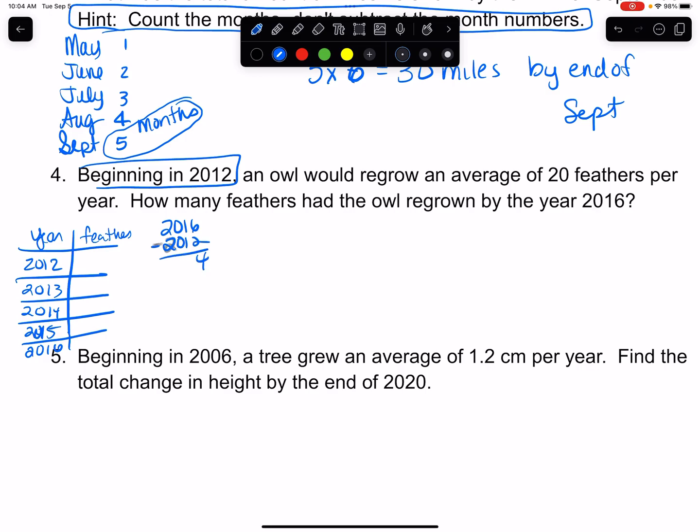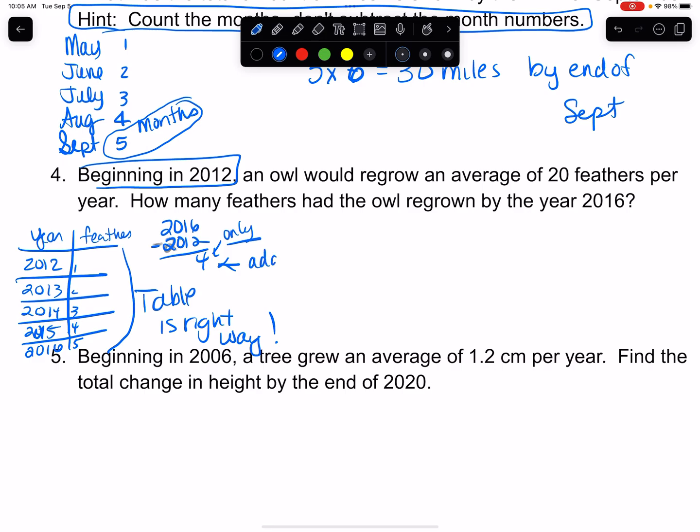So if I subtract, I only get 4 years. But if I do a table, you get 5. 1, 2, 3, 4, 5. So you get this when you have situations like this. You do the subtraction, but you have to add 1 to make it count the first year.